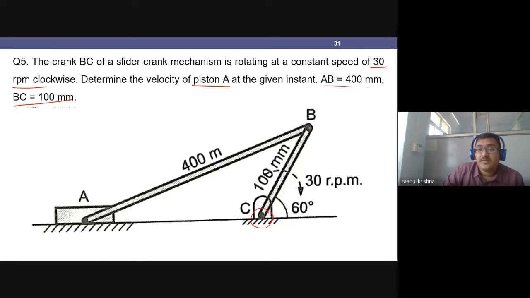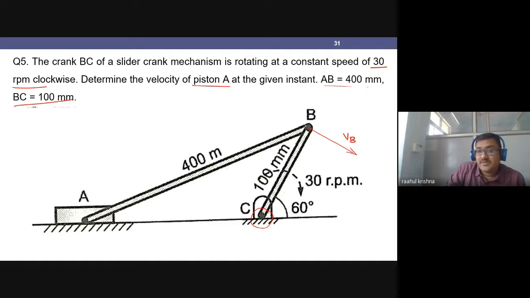What about my velocity? It will be tangential to the circle, or perpendicular to my link. At that instant, since my link is at 60 degrees, it will be exactly perpendicular to my link. So this will be my VB.